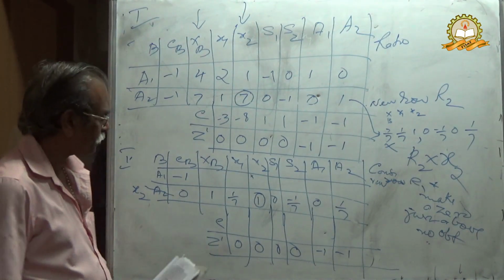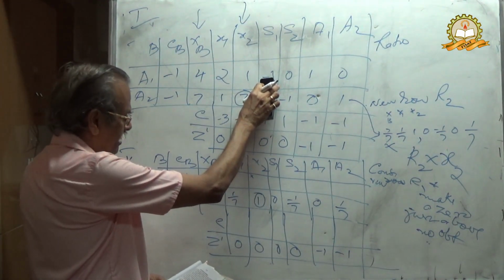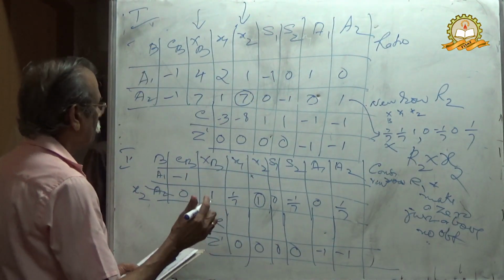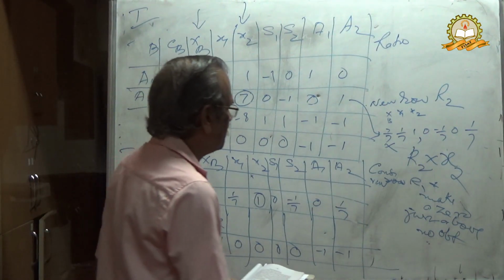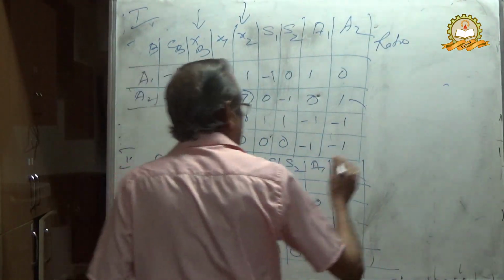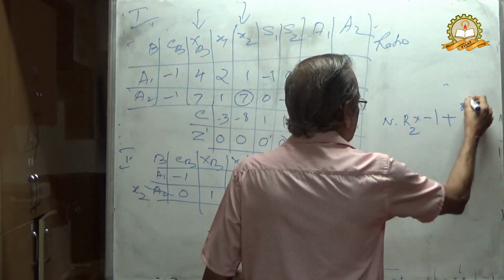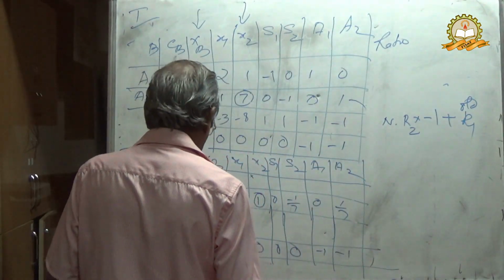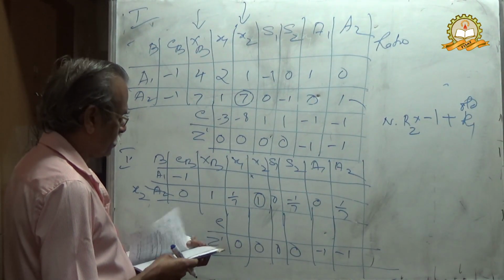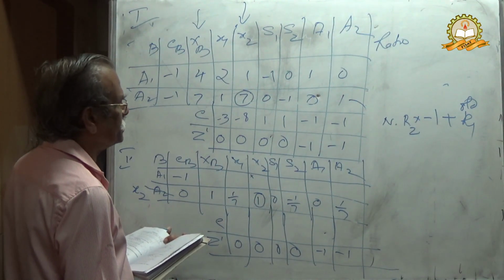For that, here it is 1 and here the value is negative 1. Therefore, you multiply new row R2 by minus 1 and add old R1. Negative 1 into new row R2 plus the old elements of R1.